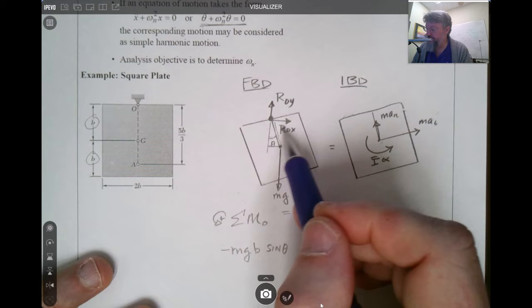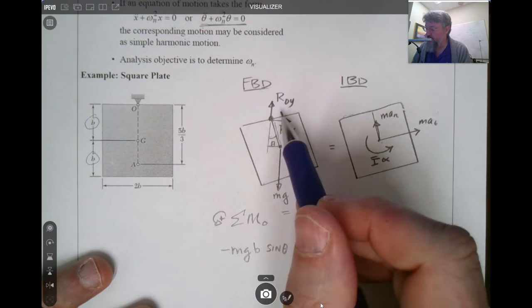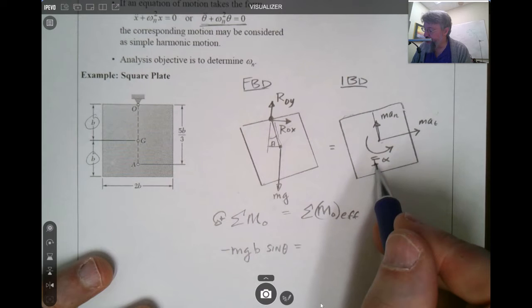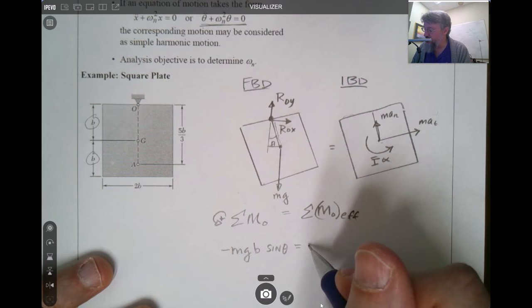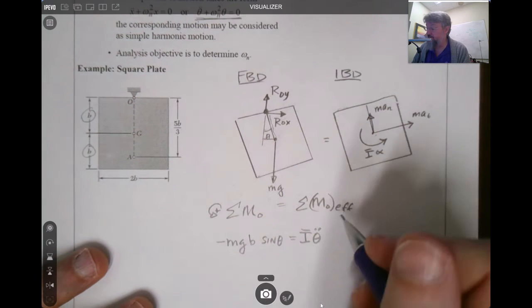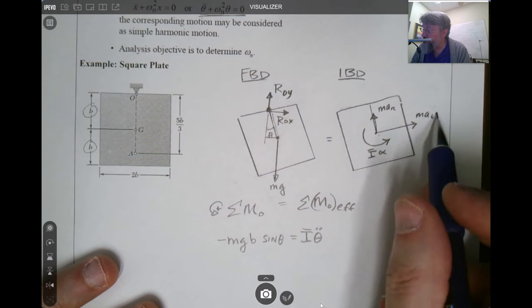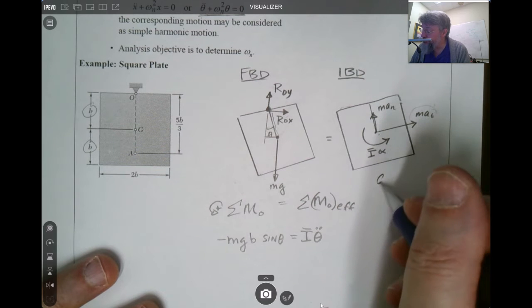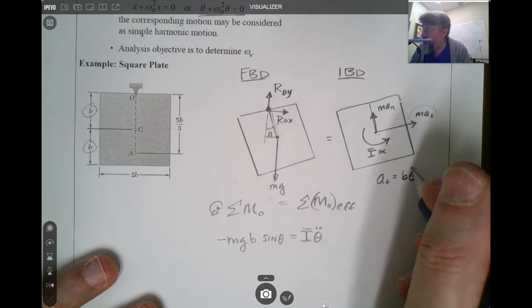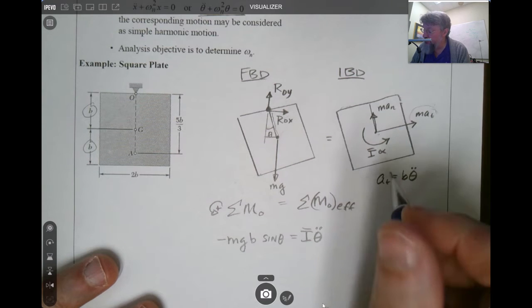And then these forces don't enter into it because we've taken the moment about them. So here we take a look at this mass moment of inertia times the angular acceleration. And we called it alpha up here, but I'm going to call it theta double dot. And then we also want to get this, and we happen to know that the tangential acceleration is going to be b times theta double dot.